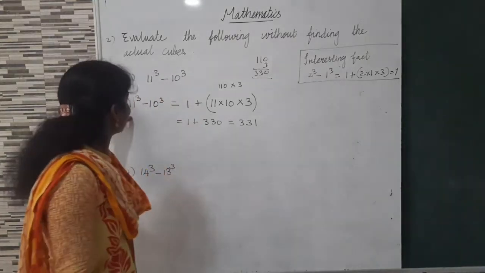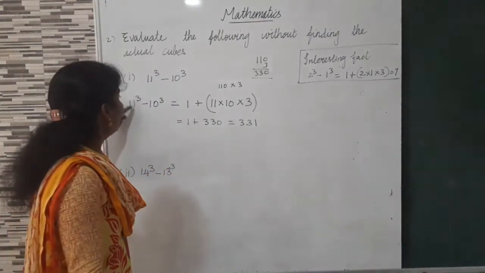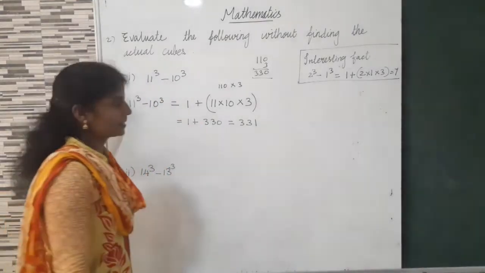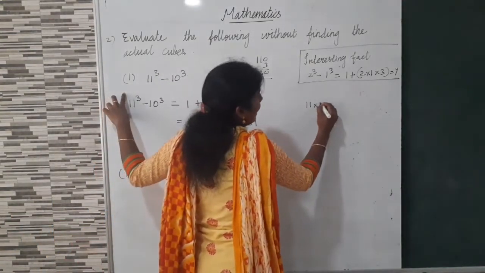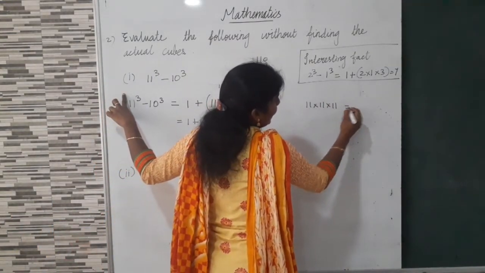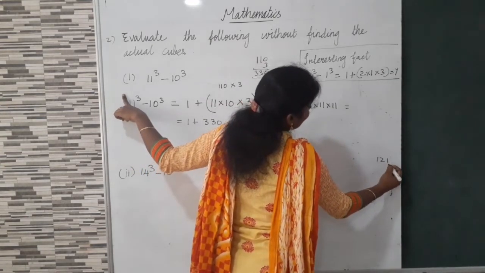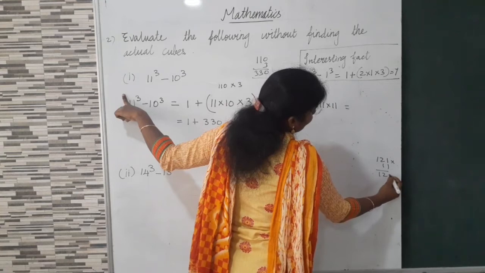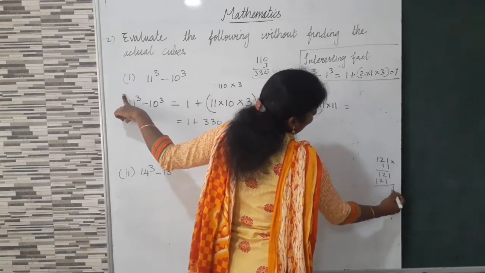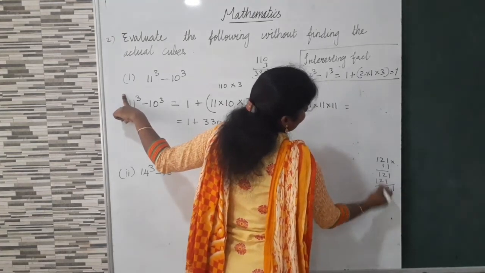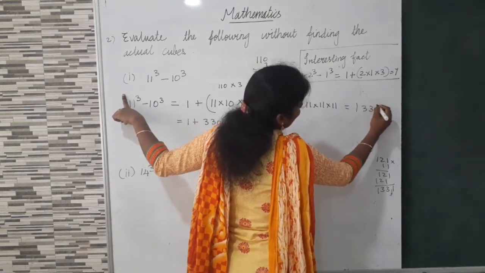Can you check that with ordinary multiplication? 11 cube means 11 3 times. 11 into 11 into 11. 11 into 11, 121. Now 121 into 11, 1331.